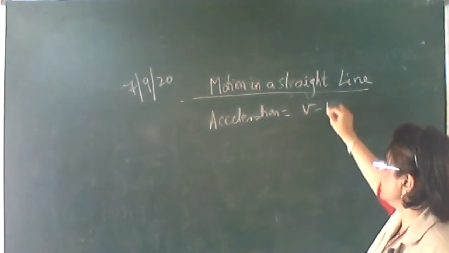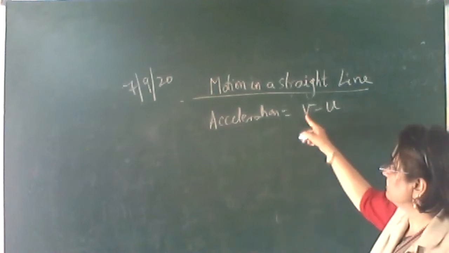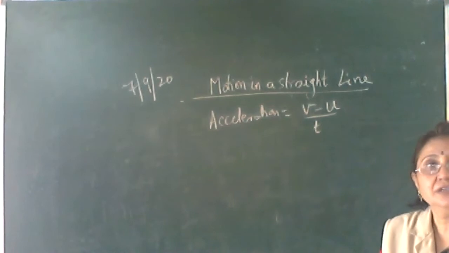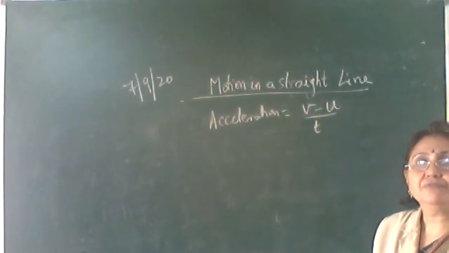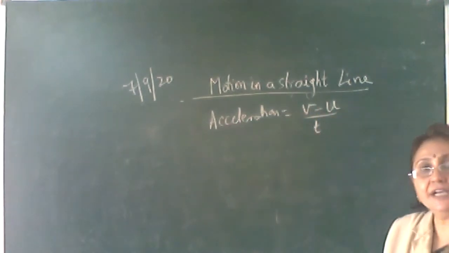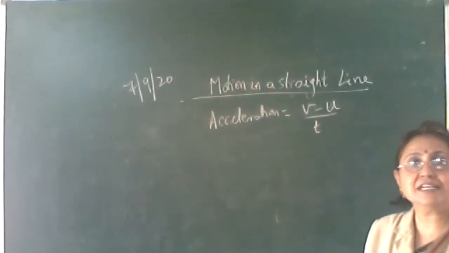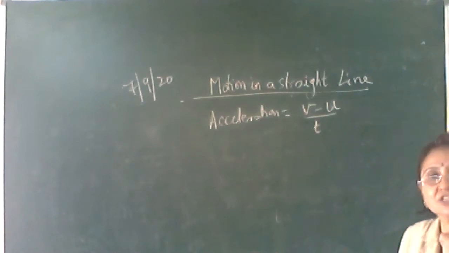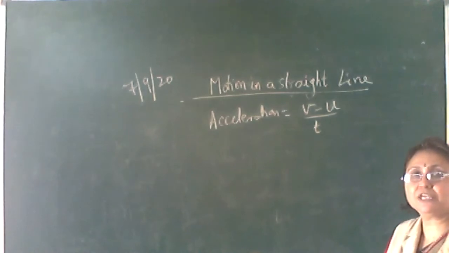Let initially a body is moving with a velocity u, and after some time, that is after t time, it acquires a velocity v. So what is the change in velocity? V minus u is the change in velocity, and this velocity is changing in time t. So this rate of change of velocity, we call it acceleration. So the formula for the acceleration is v minus u upon t.